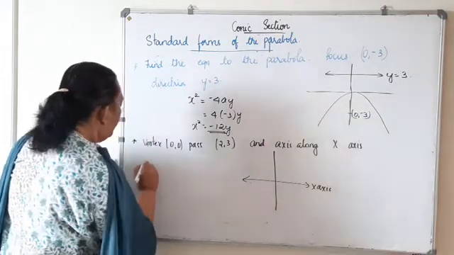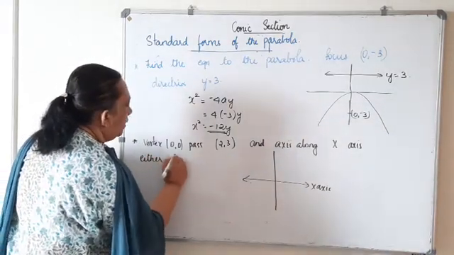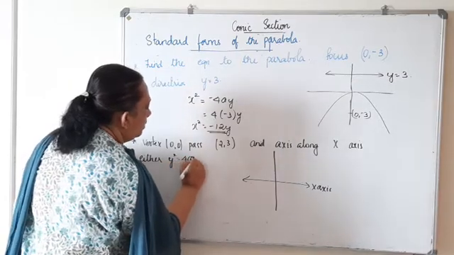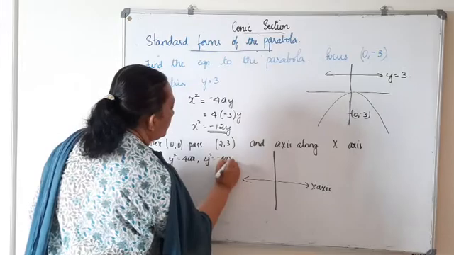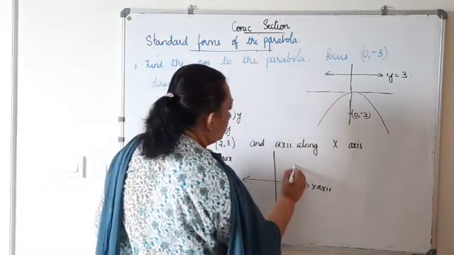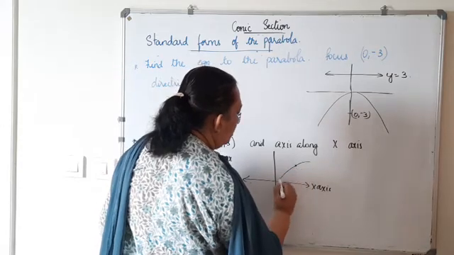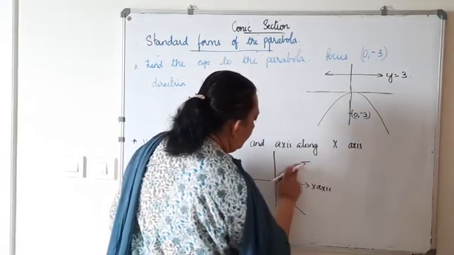So it can be either y squared is equal to 4ax or y squared is equal to minus 4ax. But it passes through 2, 3. 2, 3 is a point in the first quadrant. So the parabola takes this form.